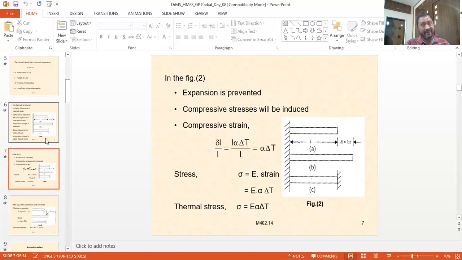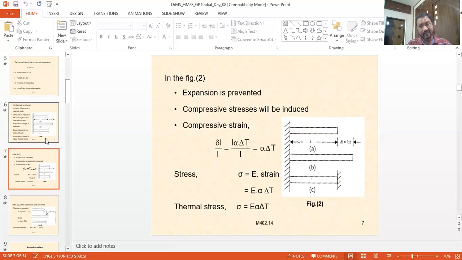And whenever a body is subjected to a decrease in temperature and that free contraction is avoided, then the body is subjected to a tensile force.